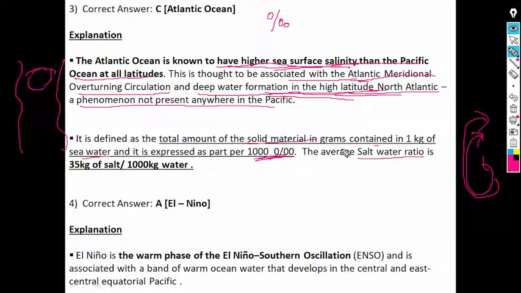The average salt water ratio is 35 kg of salt per 1000 kg of salt water.